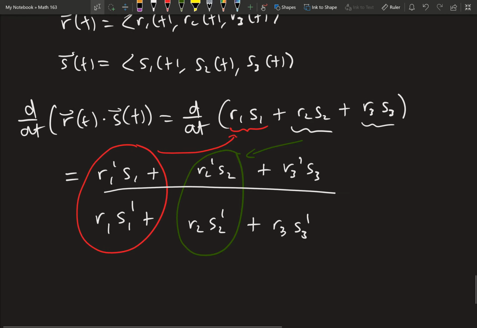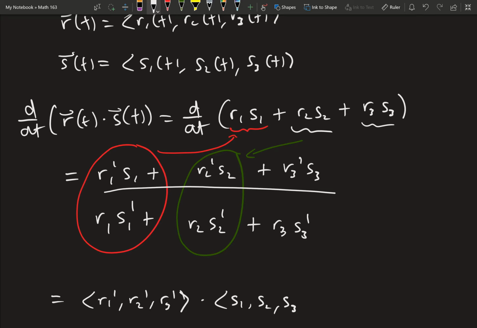Those three terms are equal to r1 prime, r2 prime, r3 prime dot s1, s2, s3.